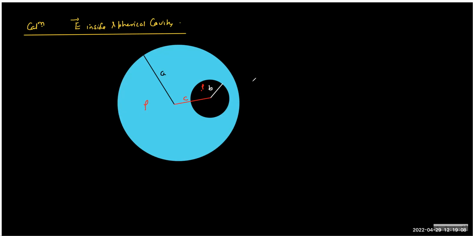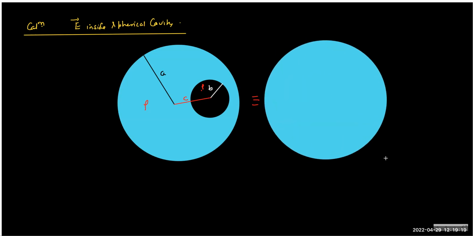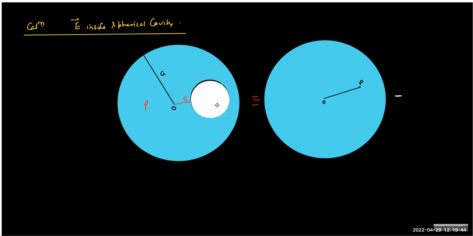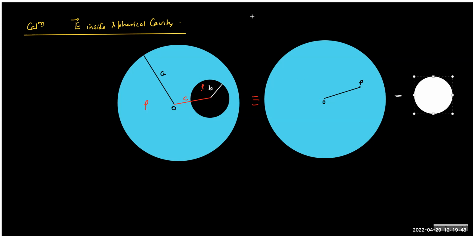So this question is equivalent to taking a full sphere and trying to find the electric field at the point P, and then you subtract the answer that a sphere of this size would have created at the same point P. So the point P is the same for both, but it will be located like this, right? O dash will tell you P is here, and O will tell you P is here.